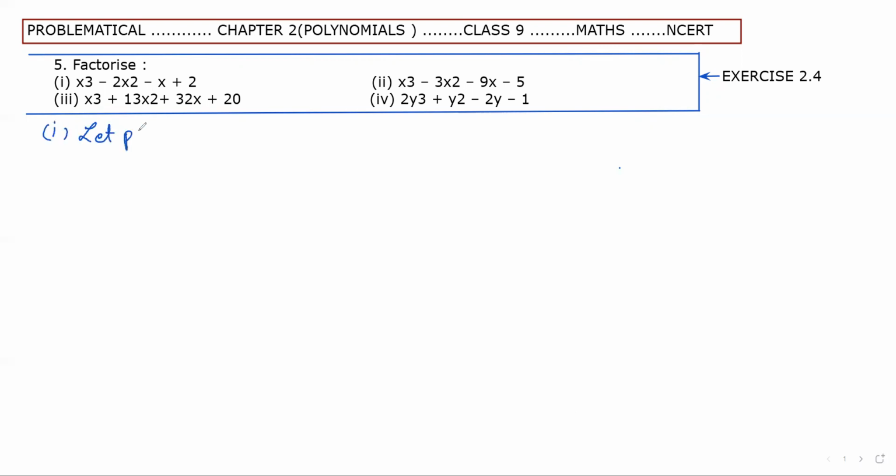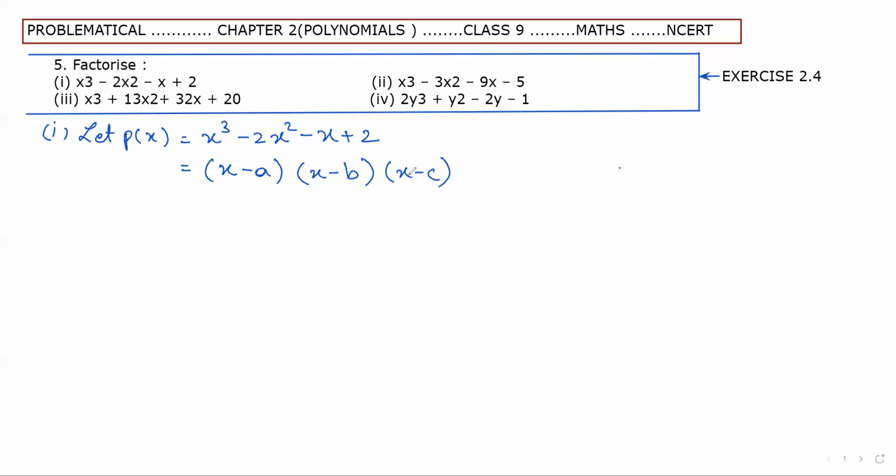So let p of x is equals to x cubed minus 2x squared minus x plus 2. So this p of x ultimately can be written in factors as x minus a, x minus b into x minus c.